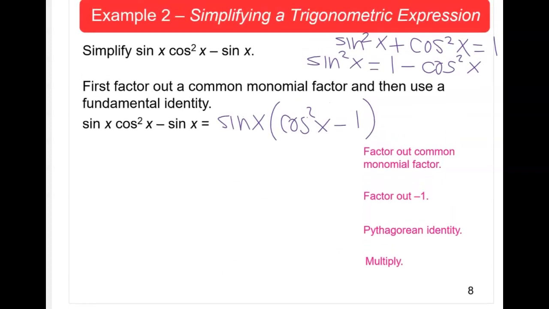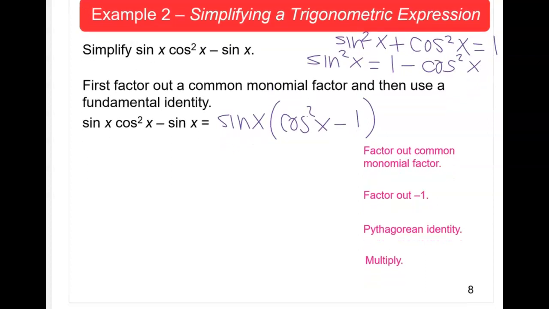For example 2, we're going to simplify a trigonometric expression, and that expression is given to us here. Sine x and cosine square x are multiplying each other, and then we have minus sine x. So what we're going to do is first, I wrote down the Pythagorean identity here.